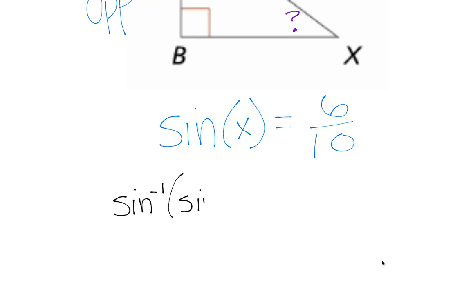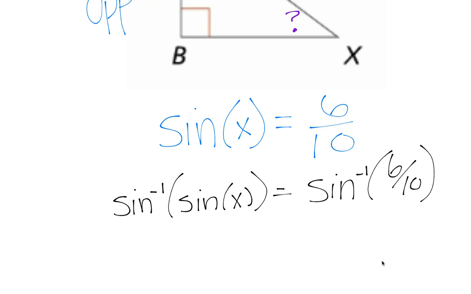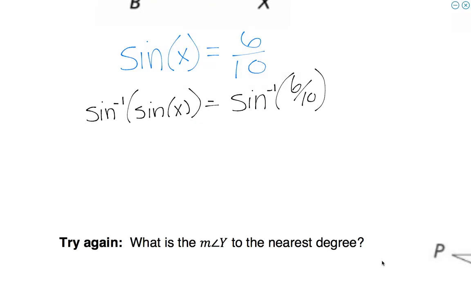Inverse sine function of both sides. And what happens when you take the inverse sine of sine, they cancel each other out and you're just left with x equals the inverse sine of 6 over 10. So what is the inverse sine of 6 over 10?